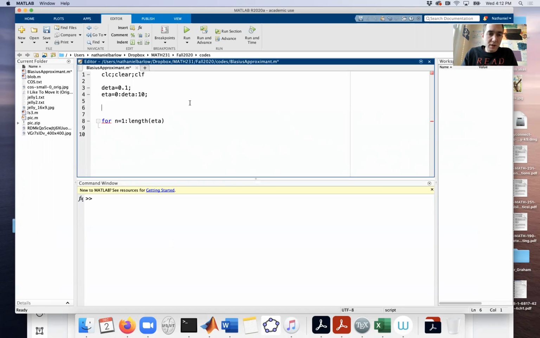Okay, so we know the initial conditions, right? f at 0 equals 0. df at 0 is 0, so we'll say this is f prime at 0.